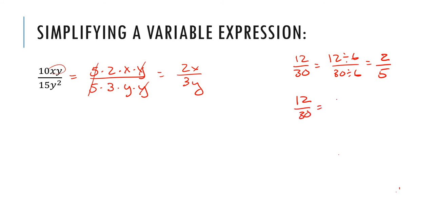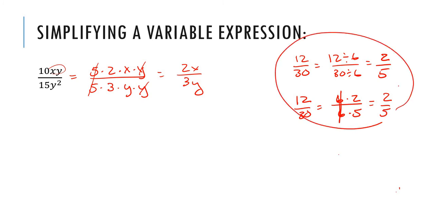The factors of 12 are 6 times 2. The factors of 30 are 6 times 5. If I divide the top and bottom by 6, I'm getting rid of the 6's, and I get 2/5. So both of these methods are good for numbers, but this is the method we always want to use when we have variables. Let's try one more.